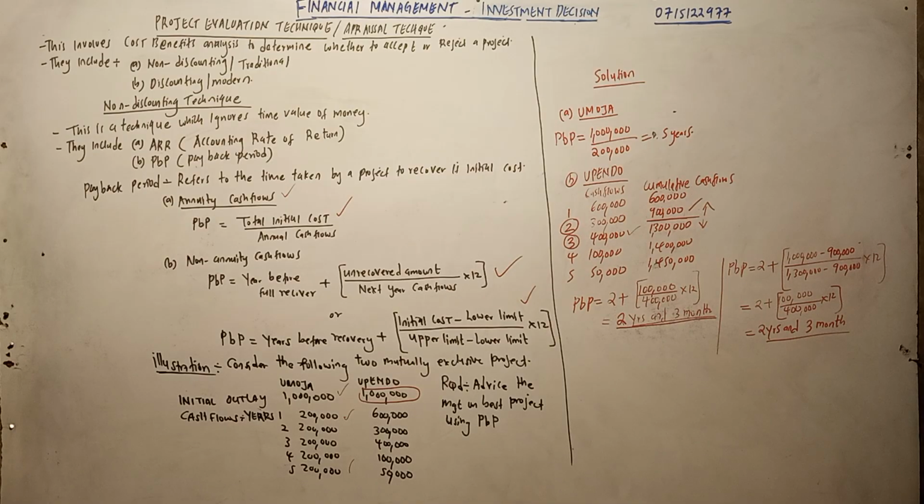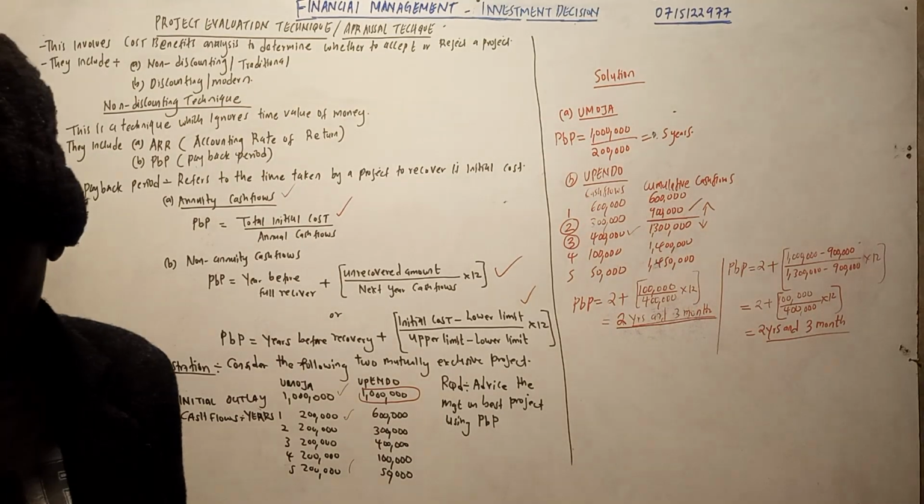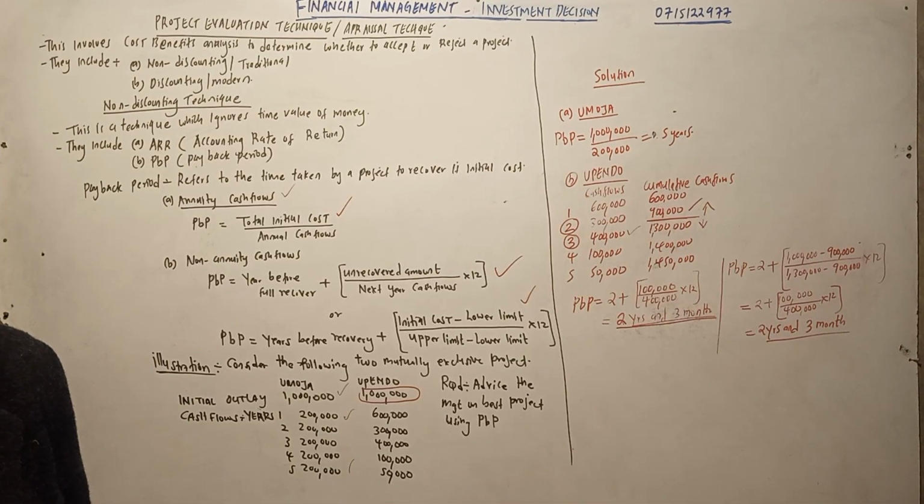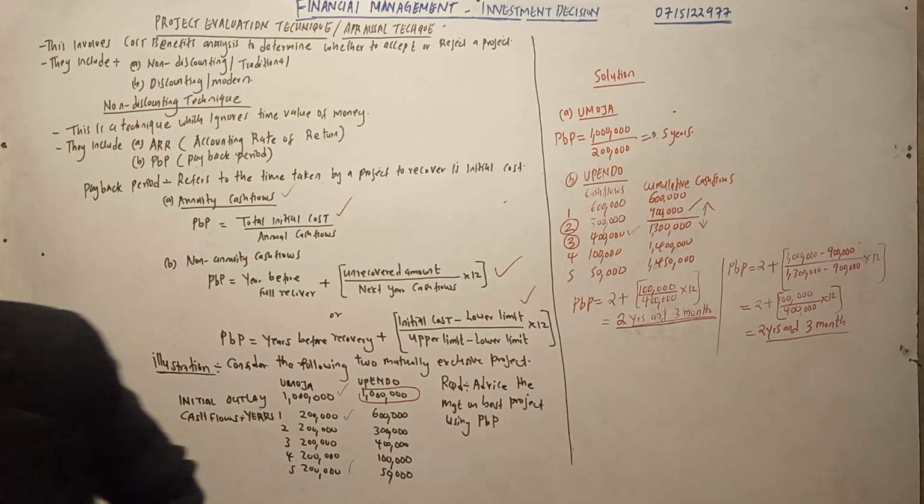Now let us go to our past paper. We can go back to our past paper and do a question. So if you go to our past paper, this sitting. Where is it?